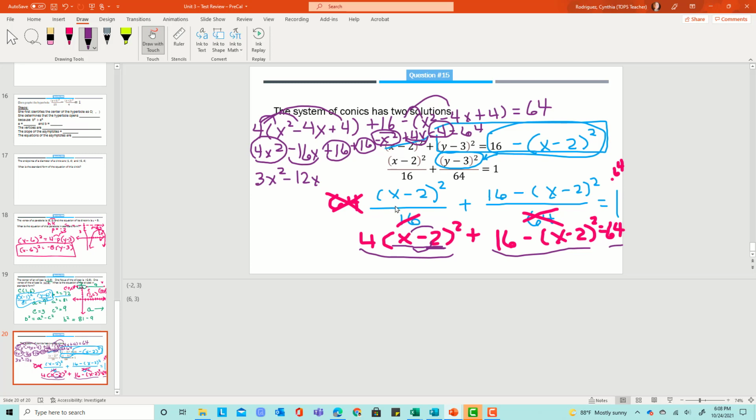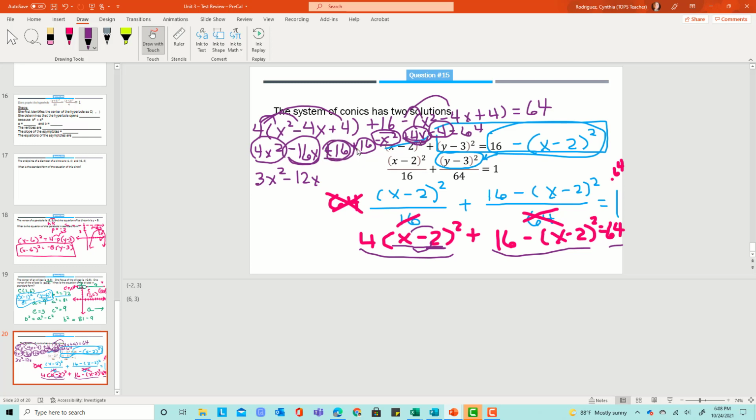Let me get my calculator out here. I'm just double checking to make sure I did that last part right. Negative 16x plus 4x is negative 12x. Okay, I did that right.